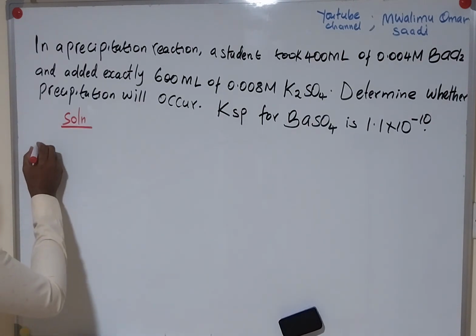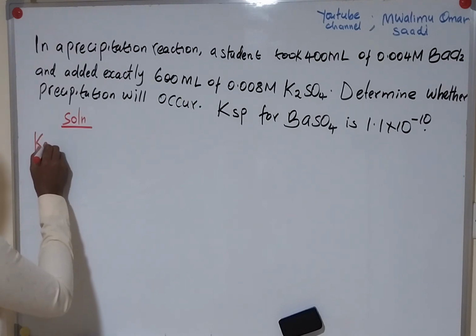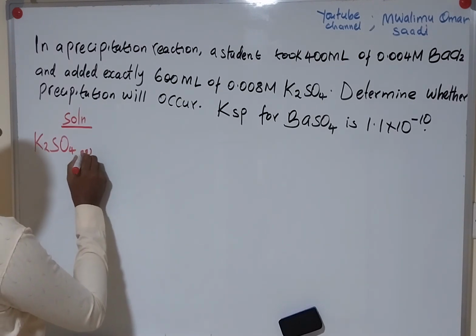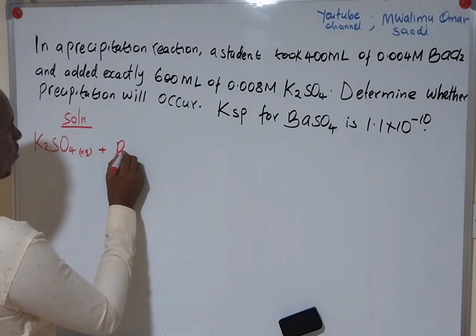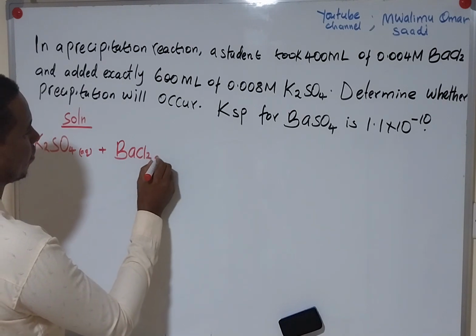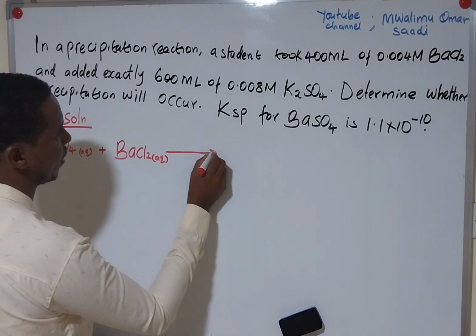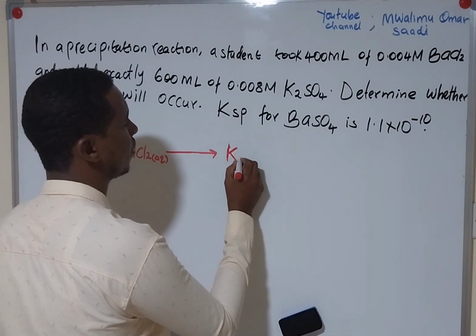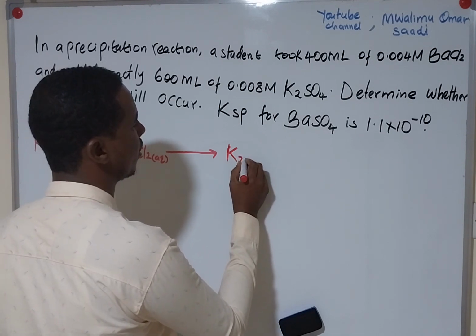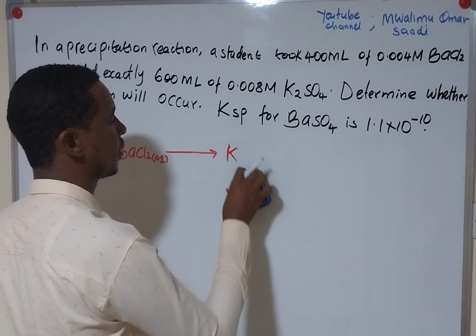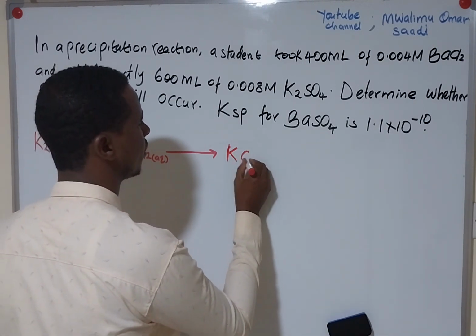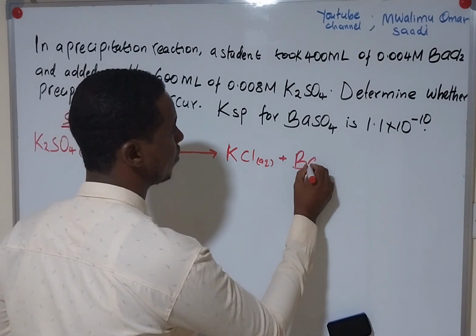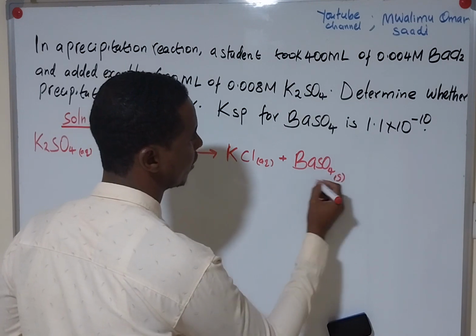Potassium sulfate plus barium chloride forms potassium chloride plus barium sulfate.